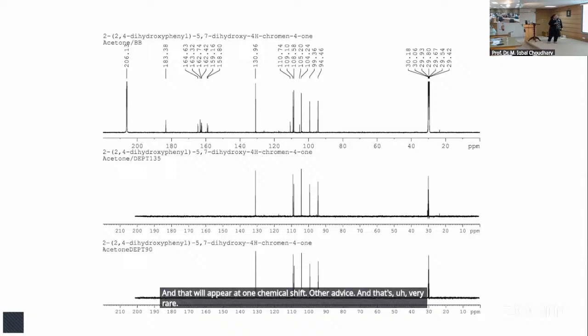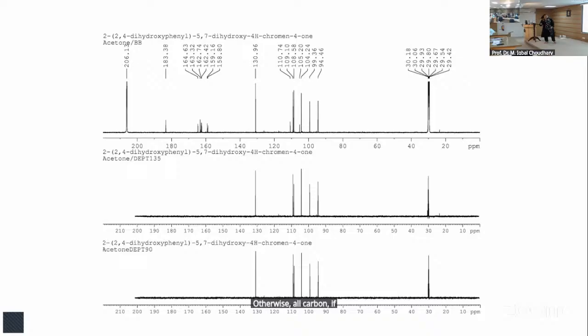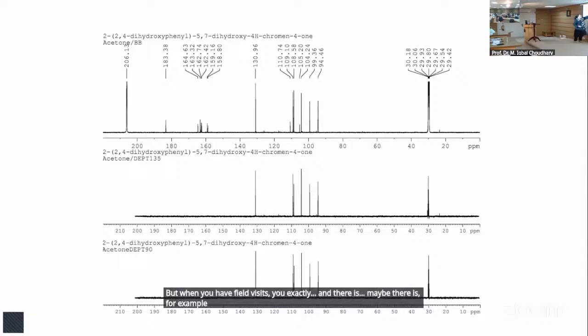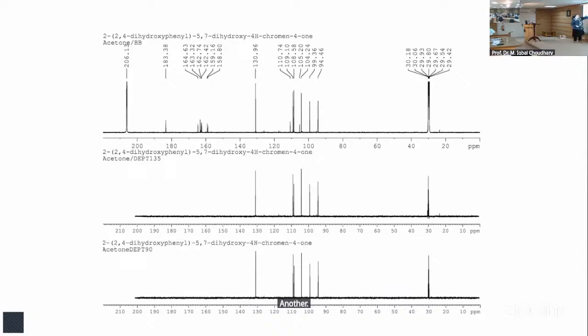Otherwise, all carbons, if they're a little bit changed, because these values again, you should have 3 digits, but you should not report 3 digits for C13. But when you have 3 digits, for example, another carbonyl which has 183.387, even with that much difference, you can see 2 signals.